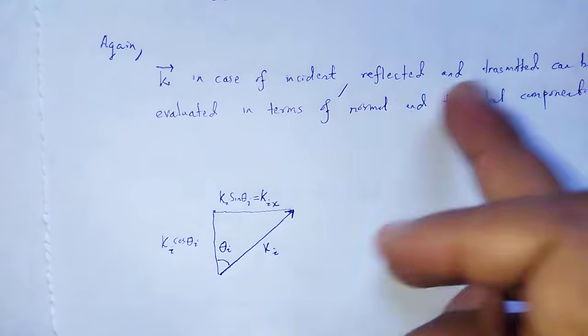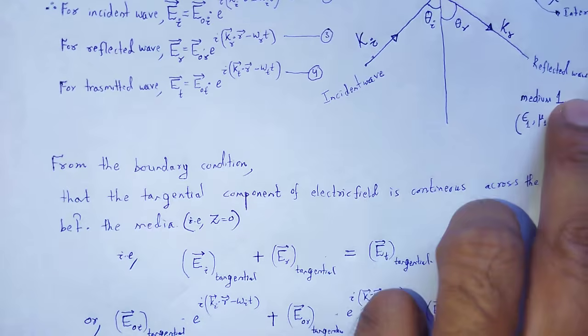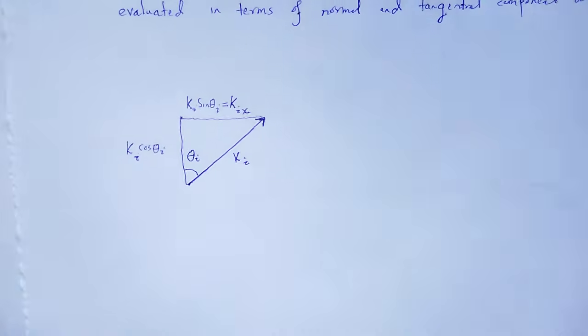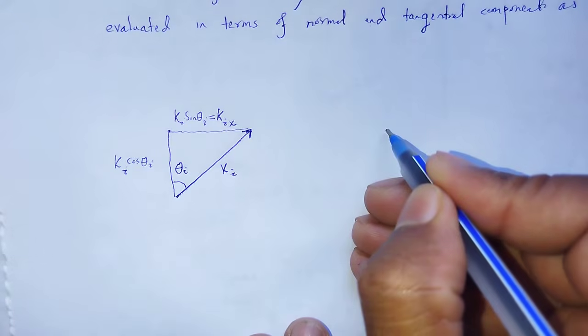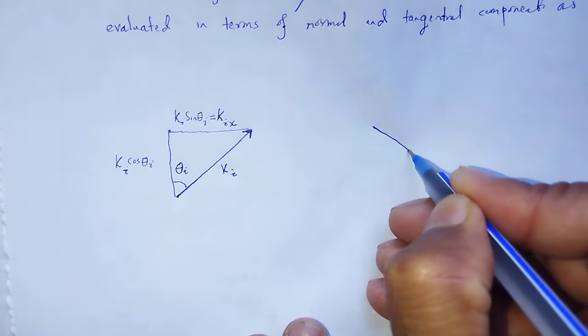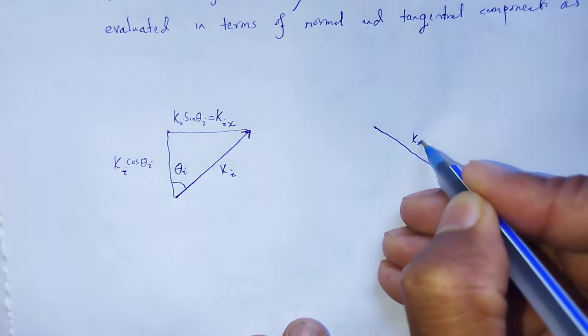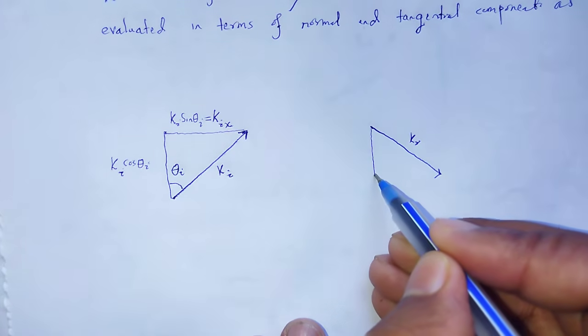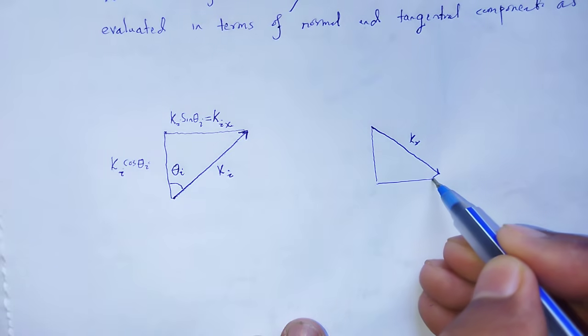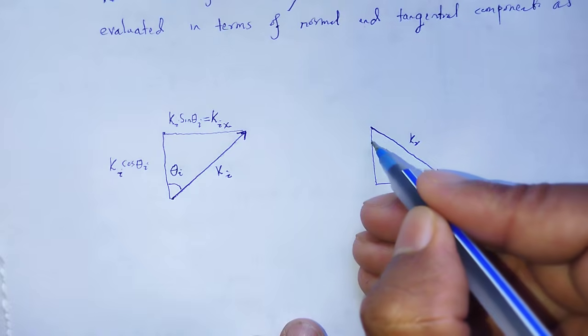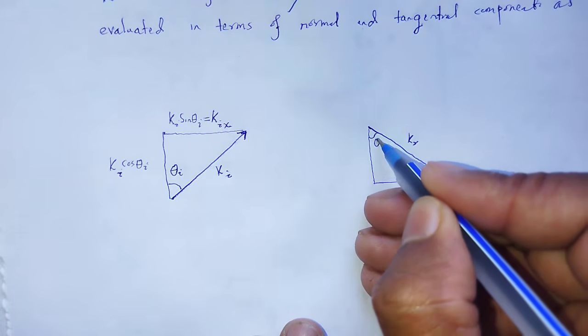Next, for reflected wave, with the propagation vector kr, that angle as theta r.